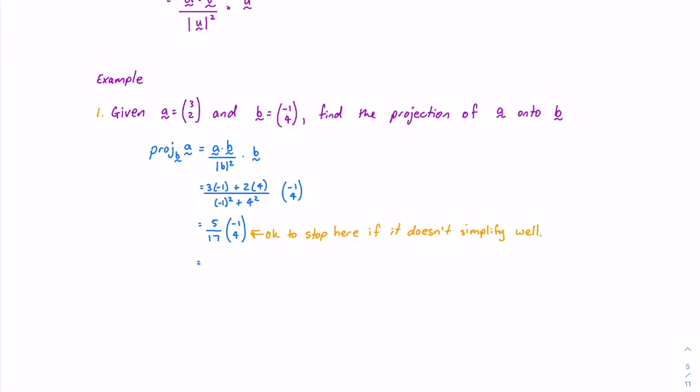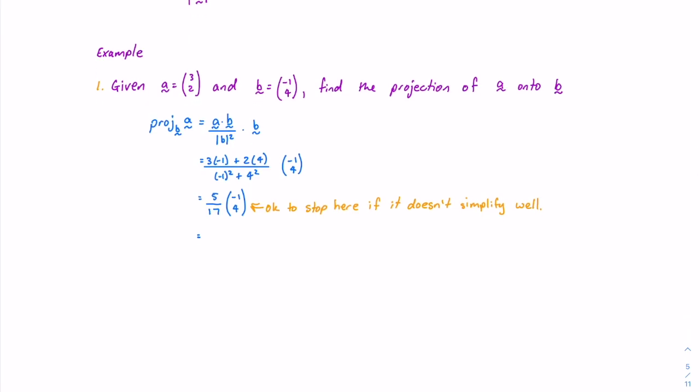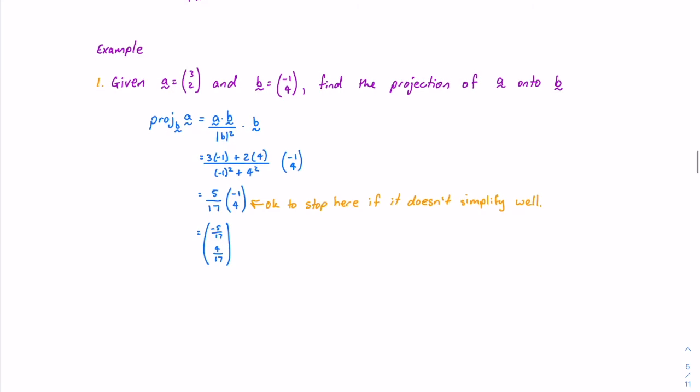So we can just stop if we want to, but I will write again what it will be if we did go a little bit further. So negative 5 on 17 for the top. And, oh, I've got a mistake there. That should actually be 20 on 17 at the bottom. So negative 5 on 17, 20 on 17. I didn't multiply the 5 and the 4 there.